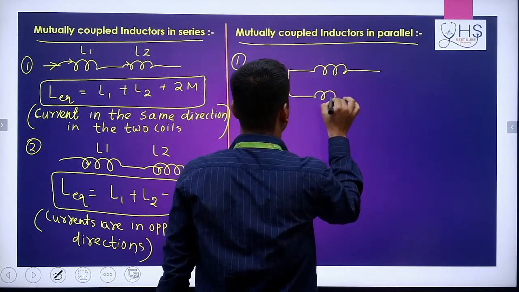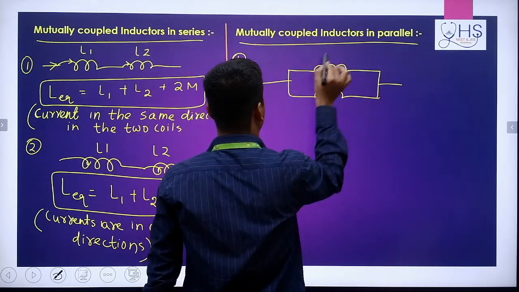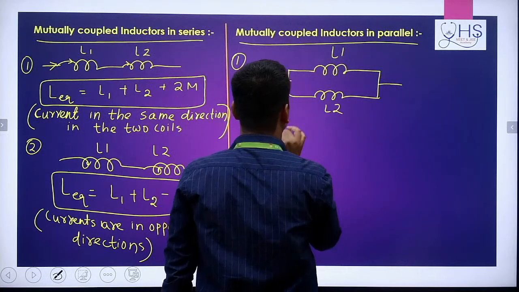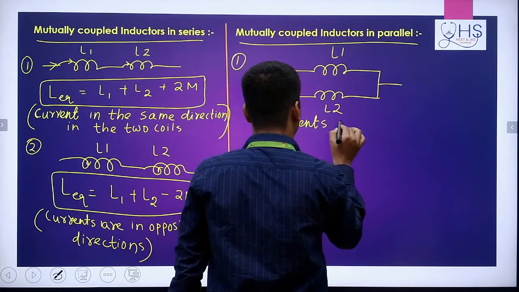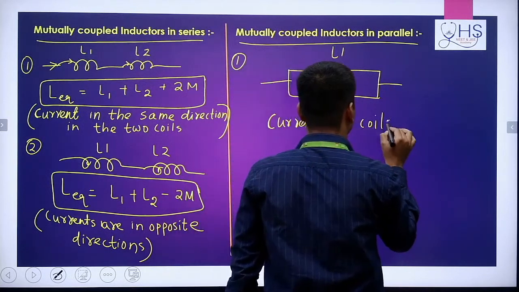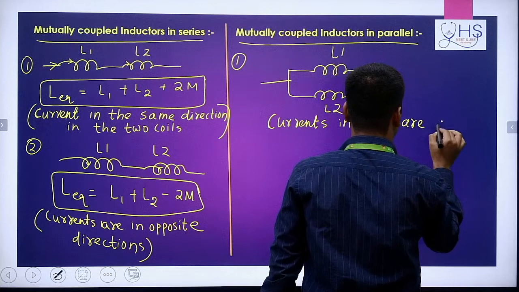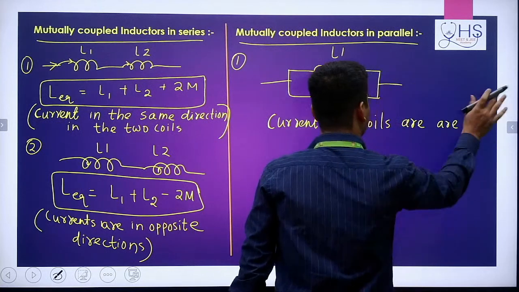Now number 1, if I take parallel, and currents are going in the same direction. Two inductors are in parallel, L1 and L2. Currents in the coils are in the same direction.